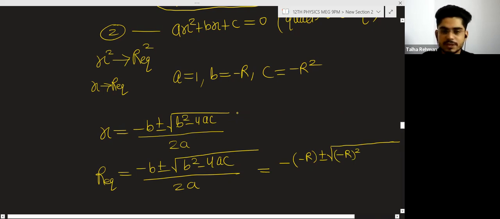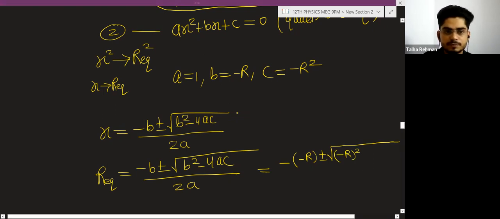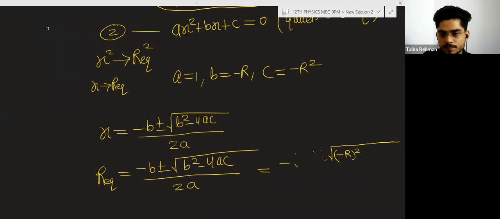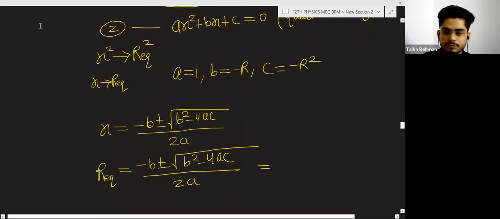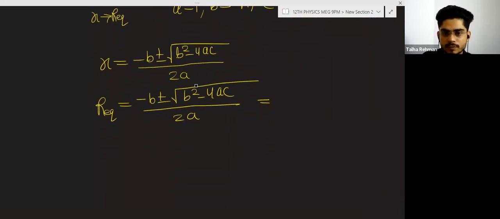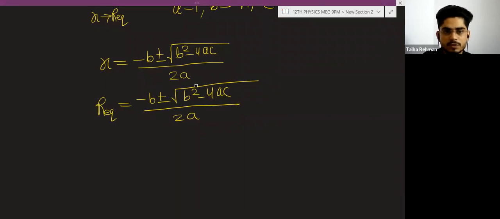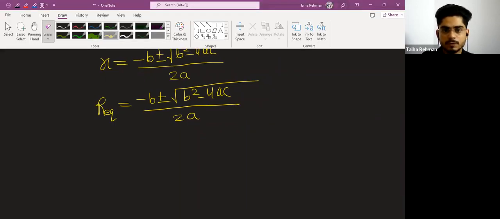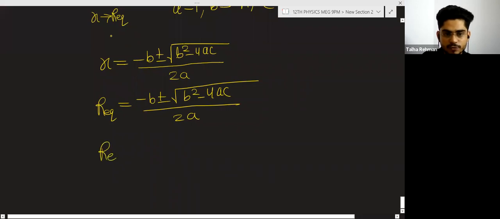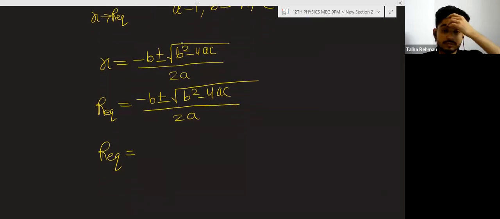We will solve this here. So Hamza, we will solve it here. So r equivalent we can find: minus b we have minus 1, means what is minus b?